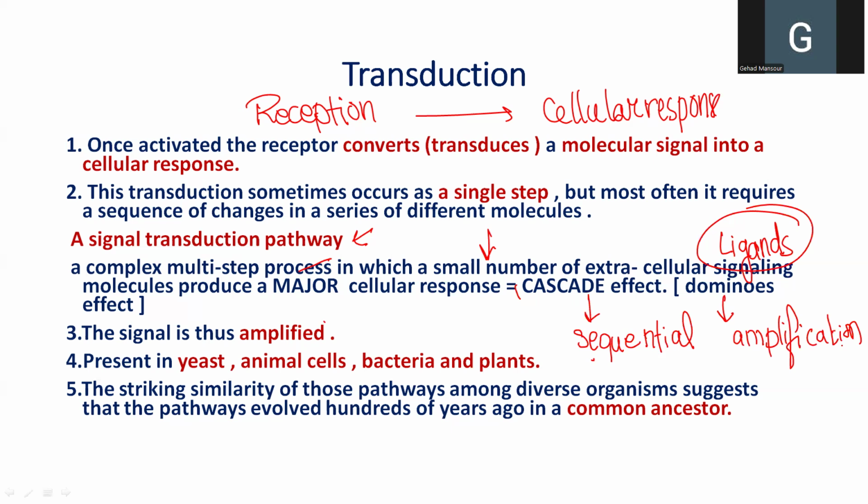This process is usually present in higher organisms, meaning that the cellular transduction pathway is mostly present in higher plant and animal cells and in yeasts, but in bacteria, it's not as well developed as in multicellular complex organisms.